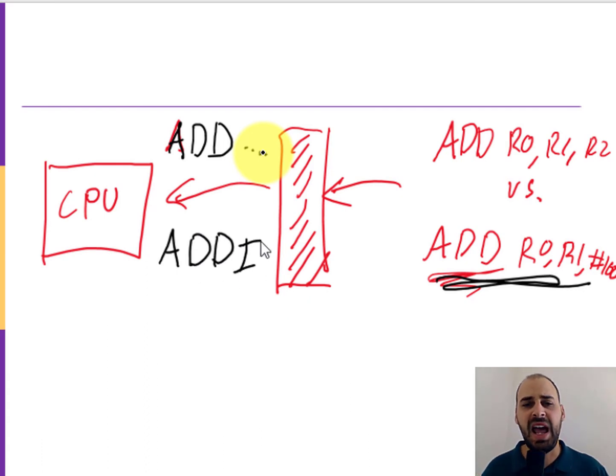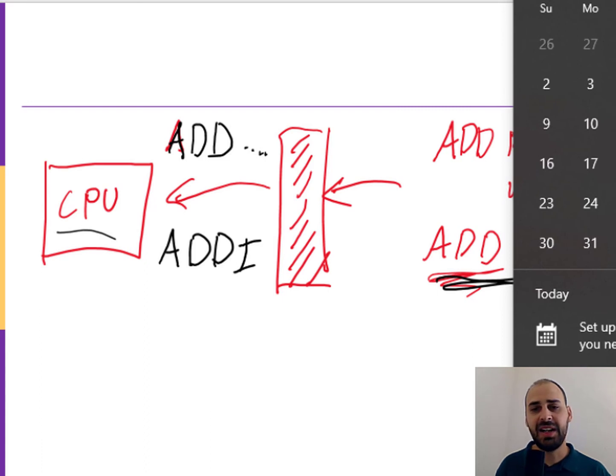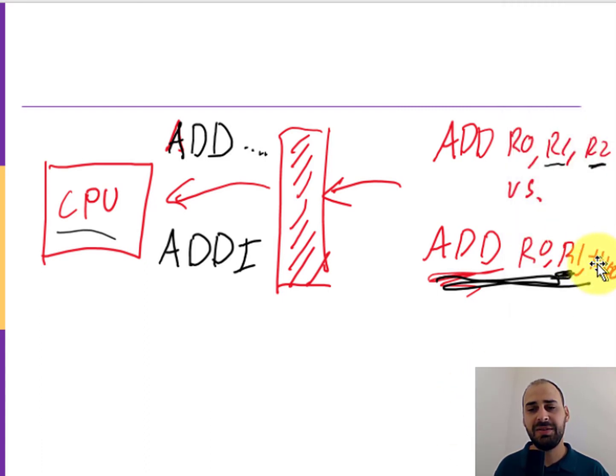Sometimes people say ADDI, add immediate. And the reason is we need different circuitry as part of the CPU to determine if we're going to be adding two registers together versus a register and an immediate field. It's different logic.